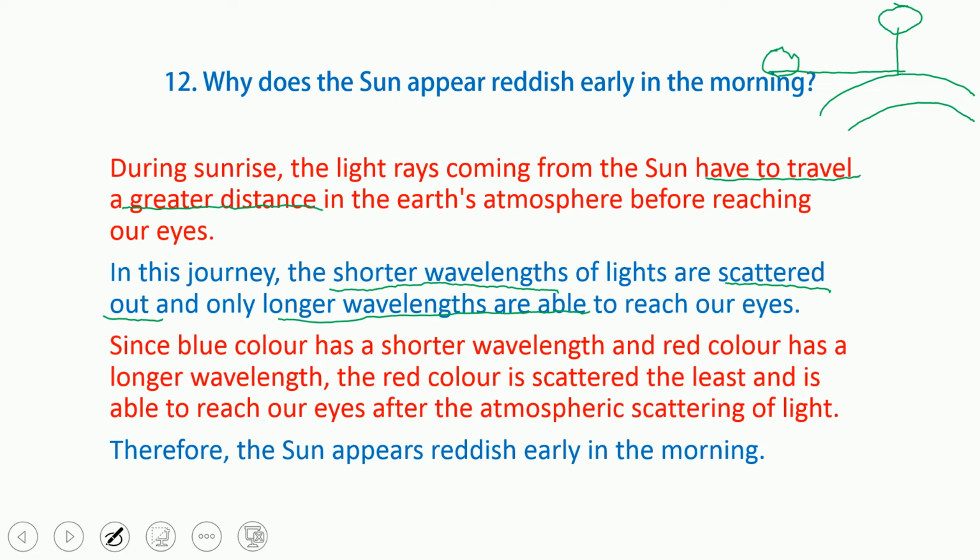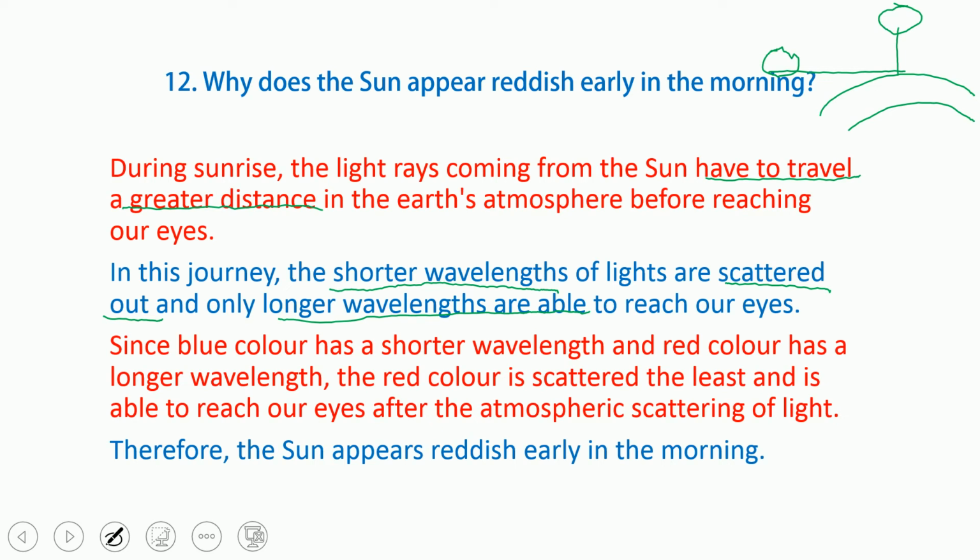So among that spectrum, violet, indigo, blue, green, yellow, orange, red, the shorter wavelengths are scattered off, and only the longer wavelengths are able to reach our eyes.